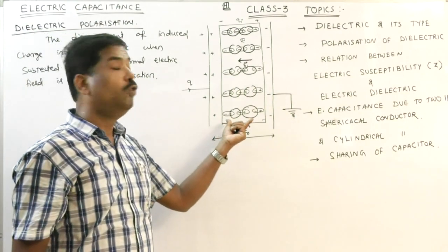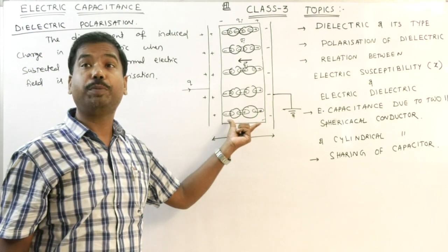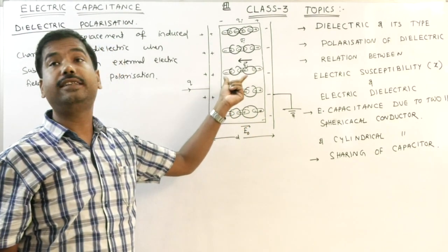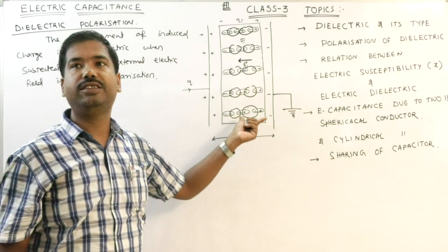Clear? So when a dielectric slab is placed in between the parallel plates of a capacitor, the induced charge gets displaced. Such phenomenon is called polarization. Clear?